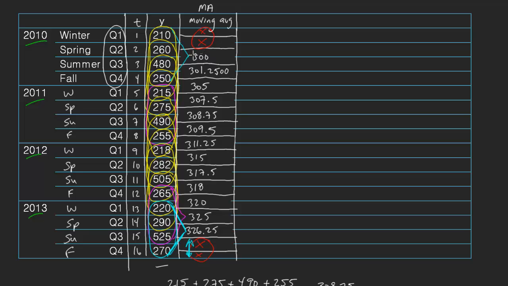Instead, the 300 is sort of sitting in between 2 quarters. Now, that's a problem, or it will become a problem later on, because as we go through the mathematics here, what we're going to be working towards is describing the typical behavior of each quarter.